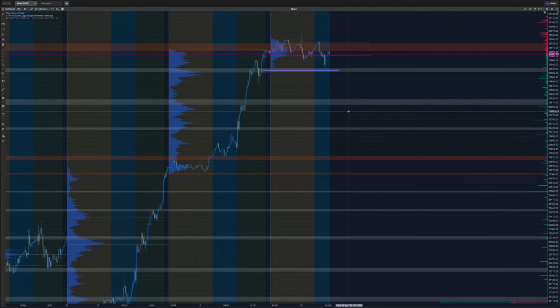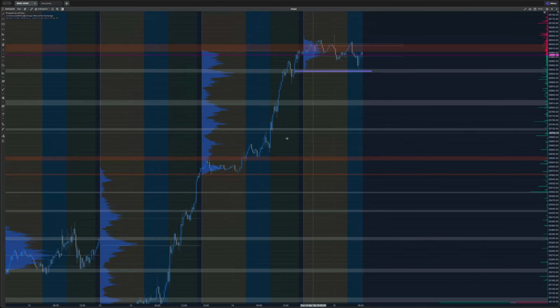But let's review the locations first. Those different colors here: yellow is the Asia session, blue is the European session, and the green is the American session. This is the 15-minute chart on the Nasdaq. I trade micro Nasdaq because of the risk.